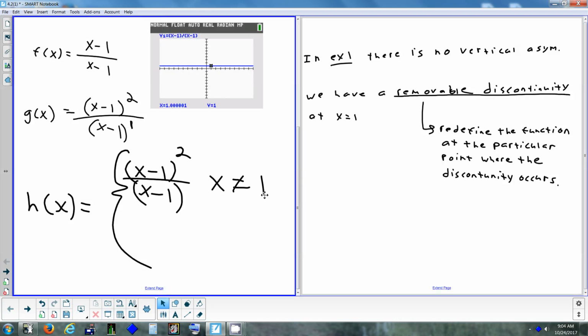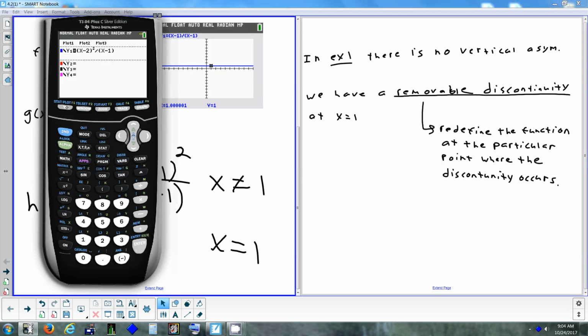If you give me a value that is 1, what I'm going to do to get the y value? Let's see. So for this one, we would want to define it so that it makes it look continuous. So let me change this back.